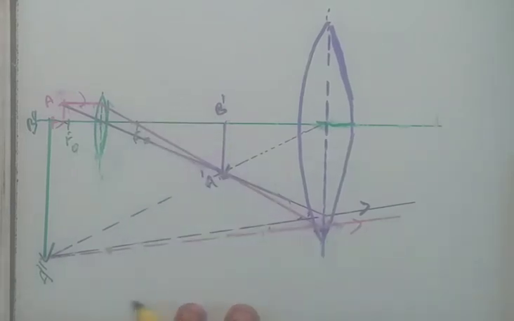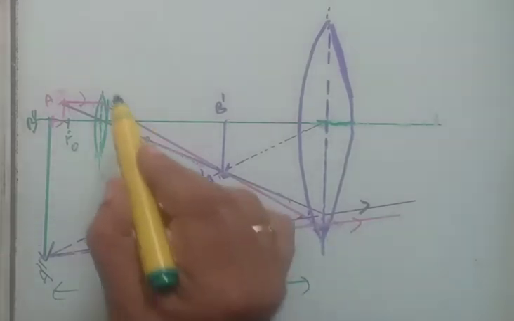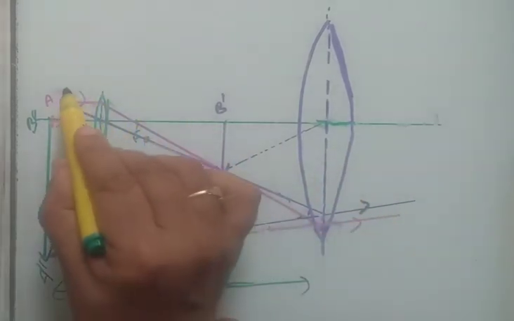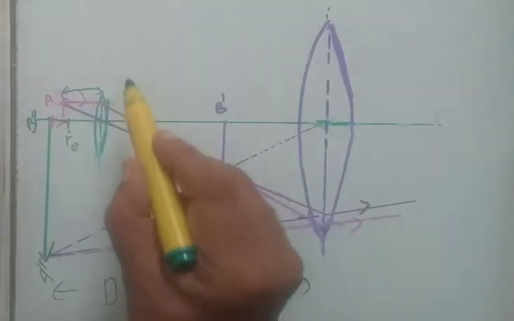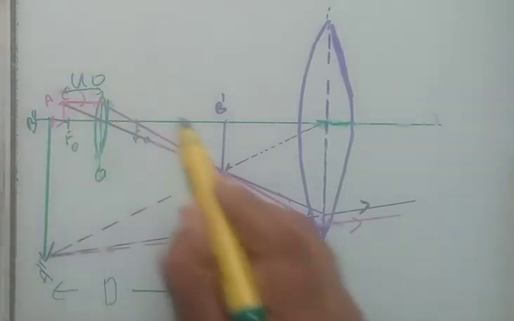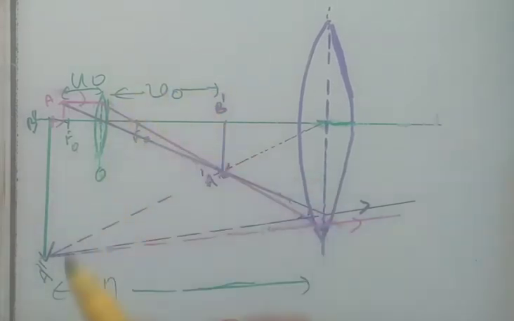If we imagine the final image is formed at the least distance of distinct vision, we have to write like this. We write the object distance from the object to the objective lens O as UO, and where the image is formed, I call VO, like this, A dash B dash, and this A dash B dash acts as an object for the eyepiece.